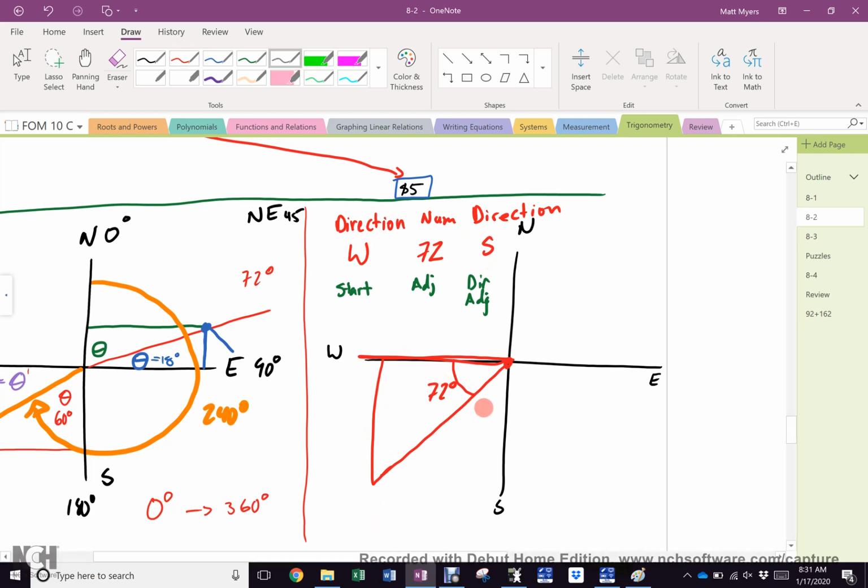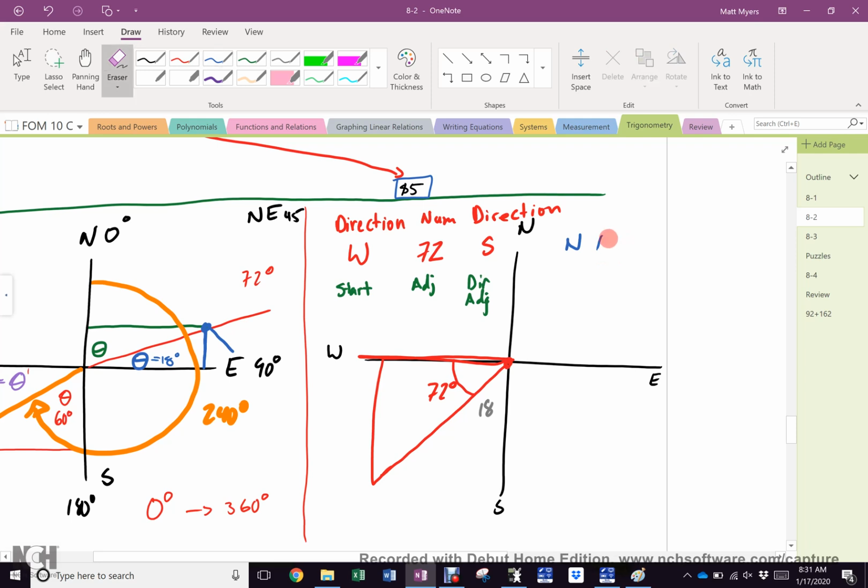What is this in here? 18. Everybody cool? So I'm going to give you a direction here. You draw the line on here and put in the two angles. Is everybody cool with that? All right. So I want you to draw me a line at north 18.